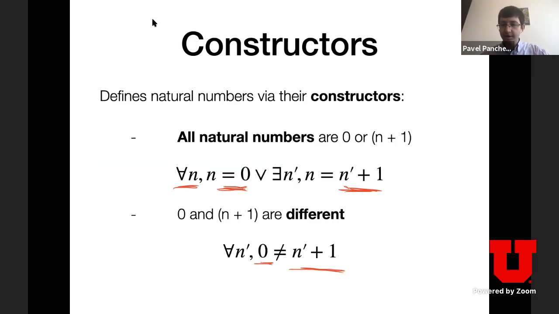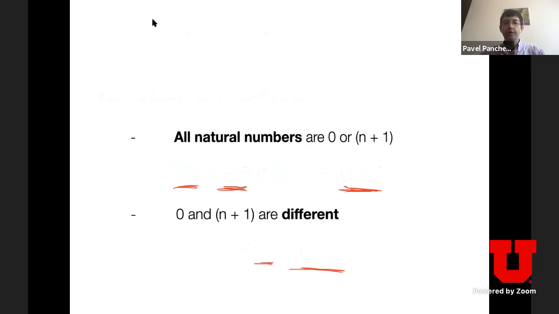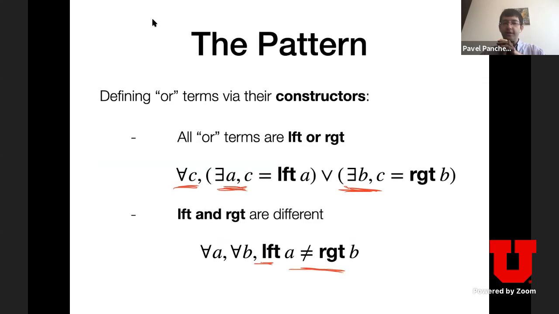where natural numbers come from, we can see an analogy to other data types that we've looked at. So let's compare natural numbers to OR terms, which we talked about last time. OR terms, we said, always come via either the left or the right constructor. So we see here that every OR term is either left of something or right of something.